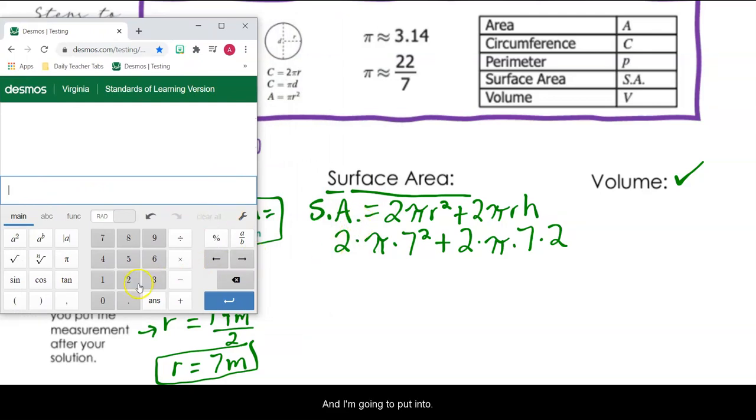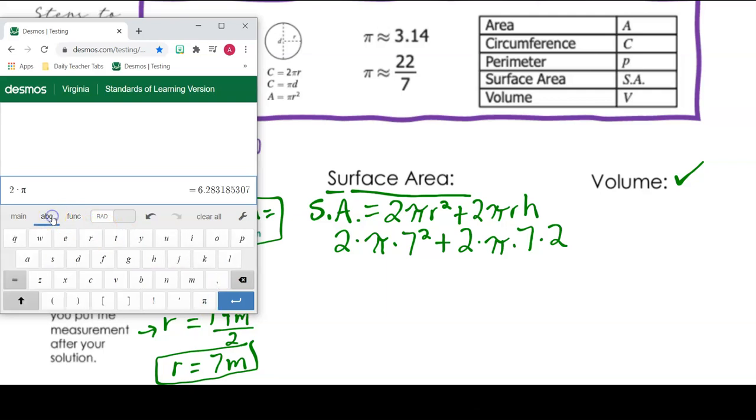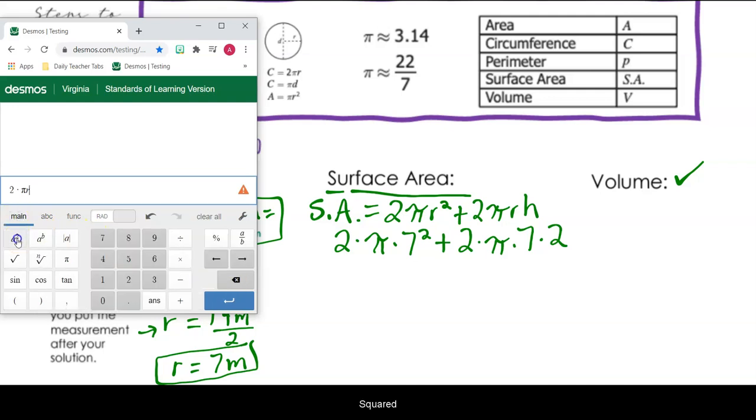And I'm going to put in 2 times, remember to find pi, you go to the function key, pi r squared plus, and notice I put the multiplication sign. I don't really need it, right?